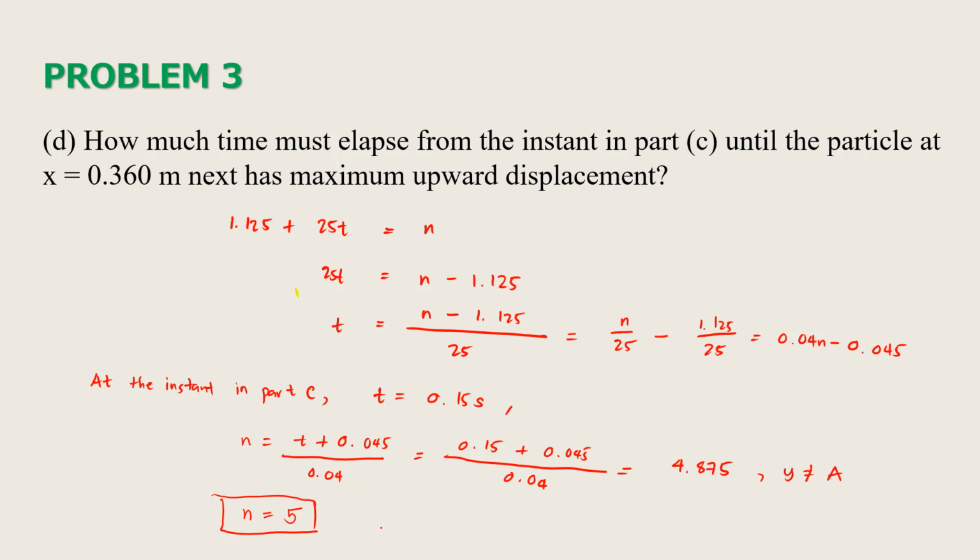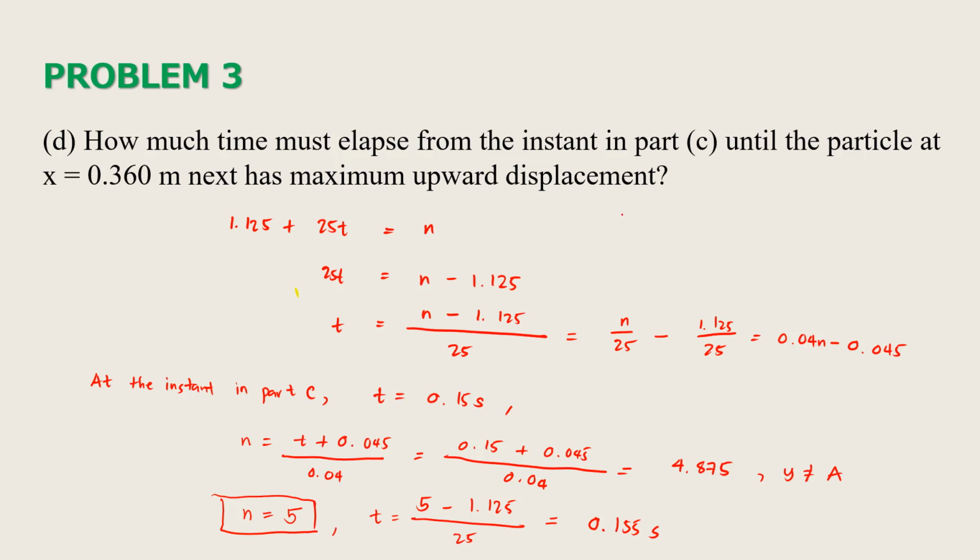Therefore, we can solve for t at the instant where y is equal to A. That is, we can make use of this equation. t is equal to 5 minus 1.125 divided by 25. This is equal to 0.155 seconds.